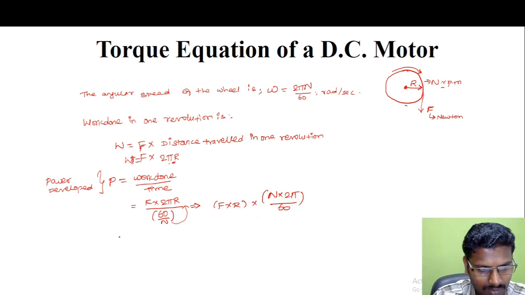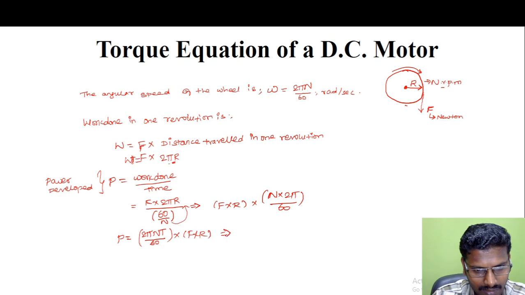So this can also be written as 2πNT divided by 60, into F into R, right?